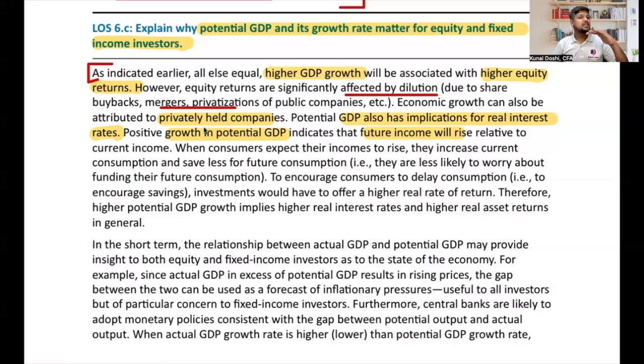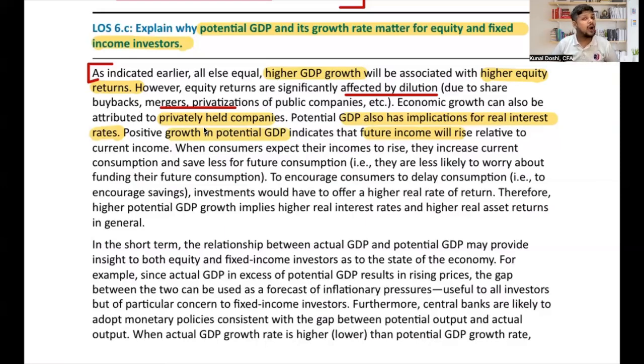All of this, what is the conclusion? That whenever the potential GDP rises, the economic growth rate will increase. Of course, the equity returns will also be high. But when I say potential GDP, I am focusing on real growth rate and real interest rates. So positive growth rate in GDP will lead to more interest rate or less interest rate?